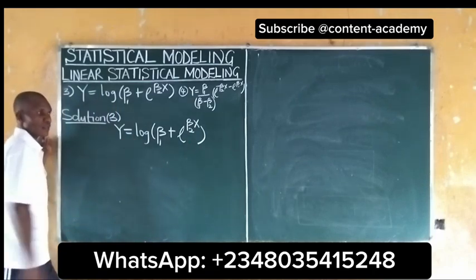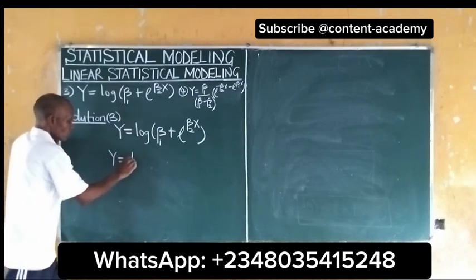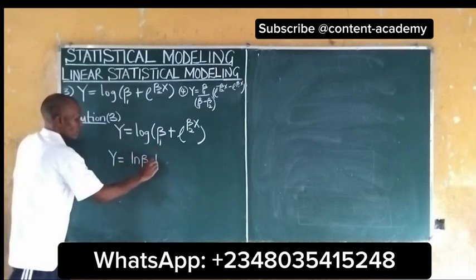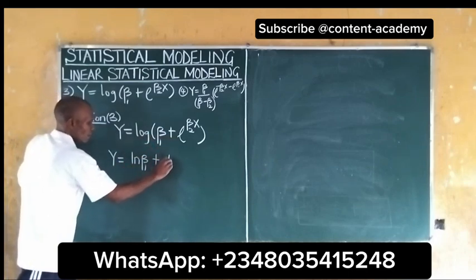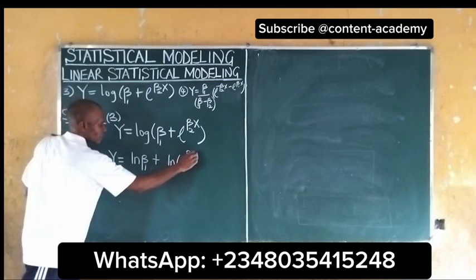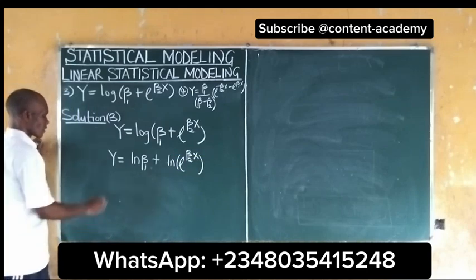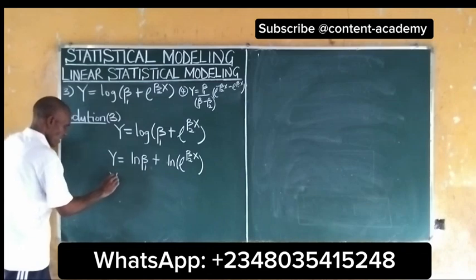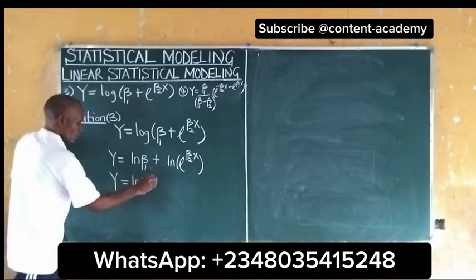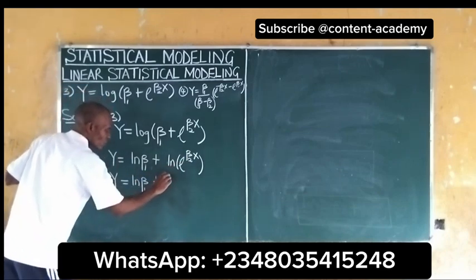Now, we already have log here, so we can write this as y equal to ln b1 plus, if we take the log of an exponential function, we have something like this. Of course, we can still write this as y equal to ln b1 plus, if we take the ln of an exponential function, we get that function only.